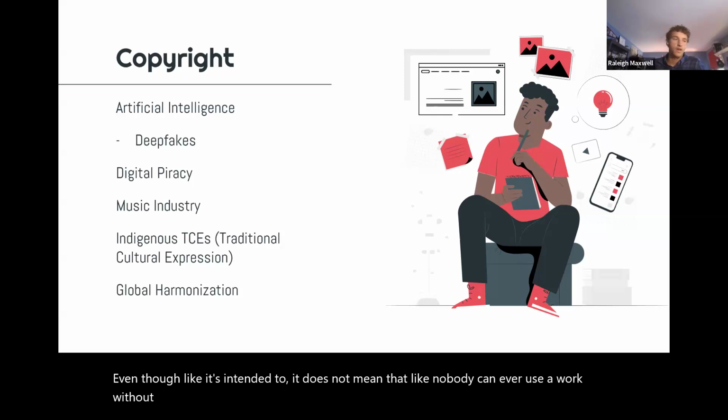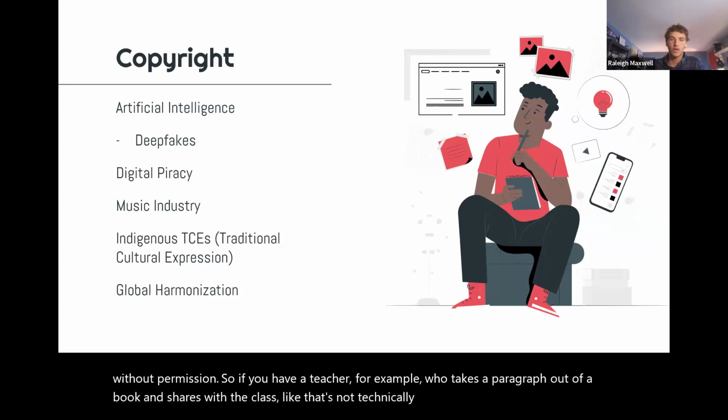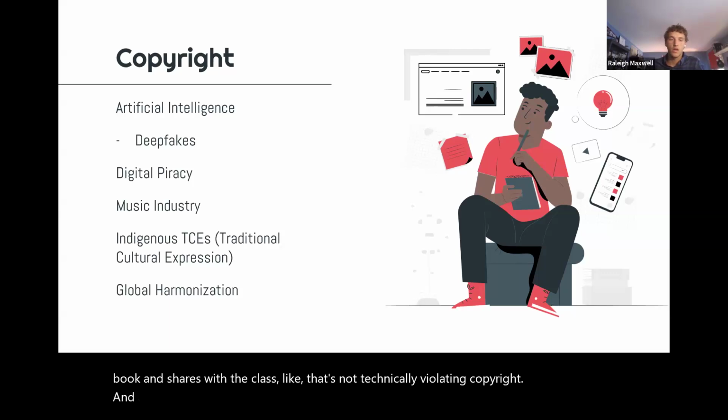If you have a teacher, for example, who takes a paragraph out of a book and shares it with the class, that's not technically violating copyright. That is still legal under the fair use exception. But no one really knows what fair use means.